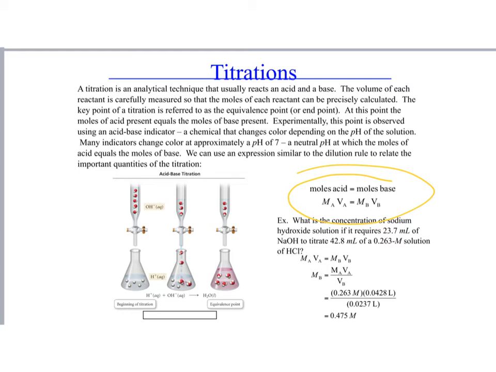Well, now we've got a concentration of HCl, and we've got a volume right here, and so we can multiply that 0.263 by the volume to get moles, and then divide by the volume of the base solution, and we'll get a molarity of 0.475.